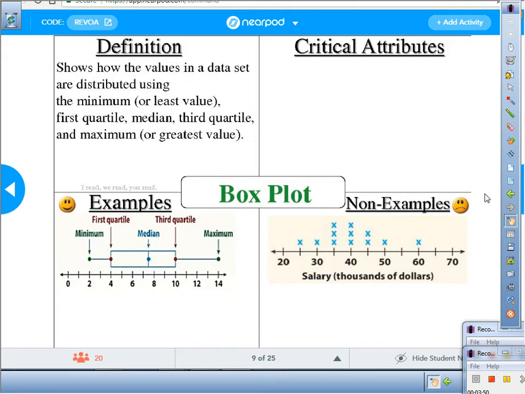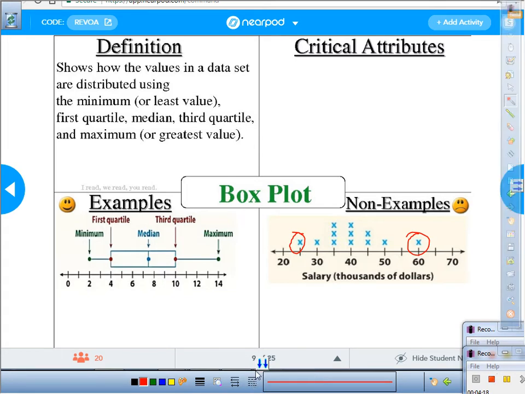Okay, I was overhearing some of you. This one does have a minimum and does have a maximum, but we're still missing stuff. Nate, what are we missing? First quartile, so Q1.